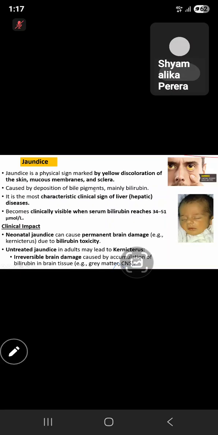If you do not treat these jaundice conditions properly, the baby ends up with kernicterus. Sometimes you can reverse the damage by phototherapy or something else. But if it is irreversible damage, it will severely damage the brain, especially the central nervous system.